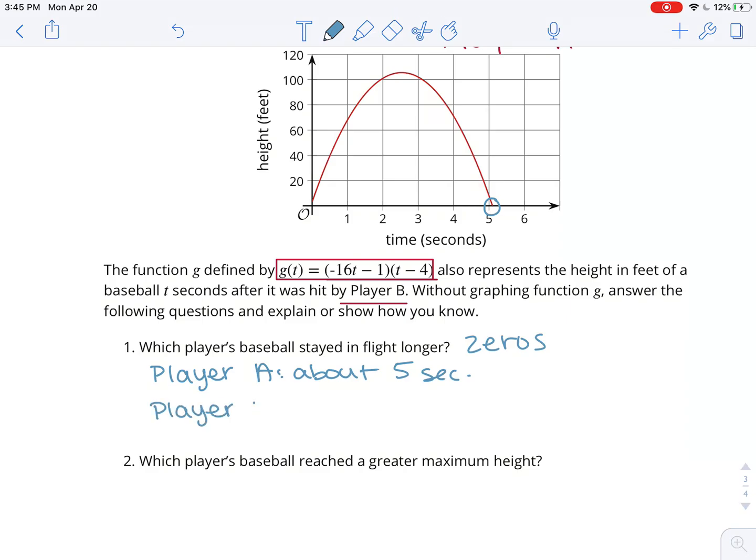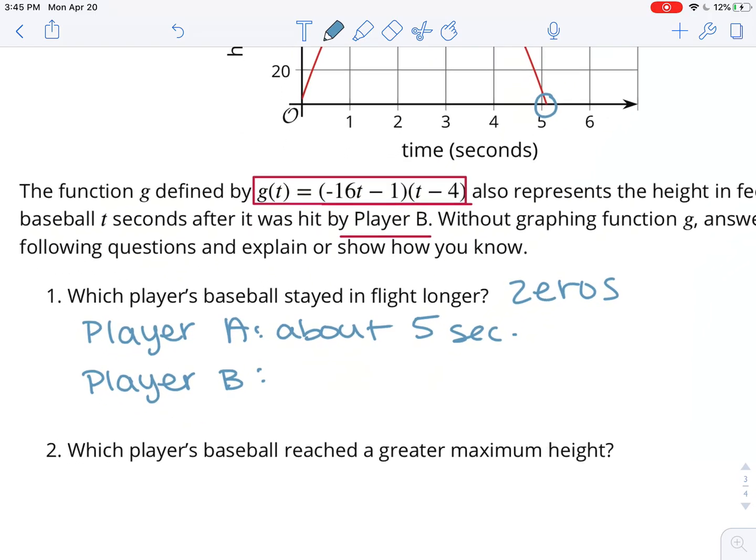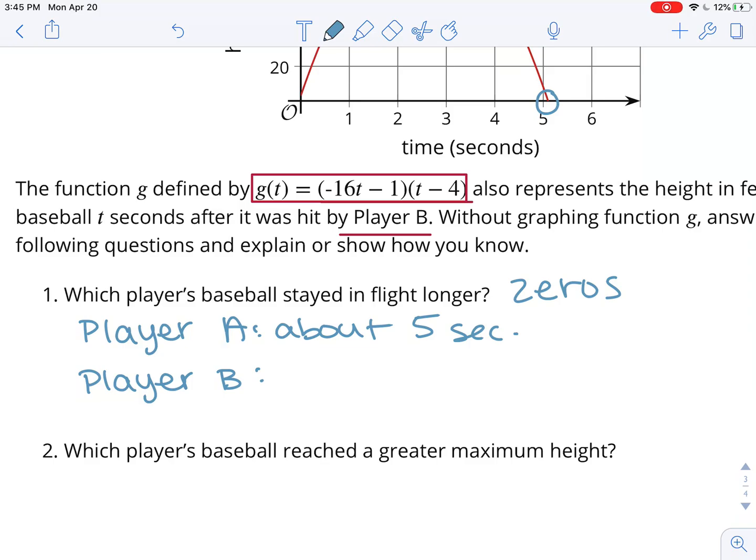And then for player B, we have the function, and so we can use that to find our zeros. We can look at negative 16t minus 1 being equal to 0 and t minus 4 being equal to 0. If I solve my first factor, I get t equals negative 1/16.